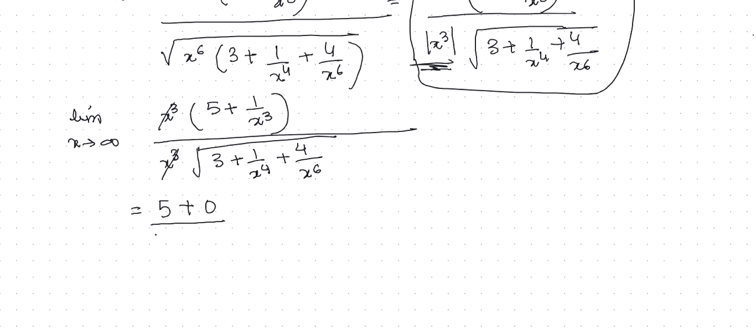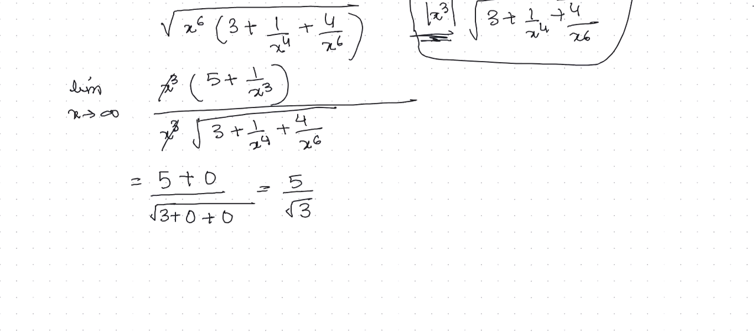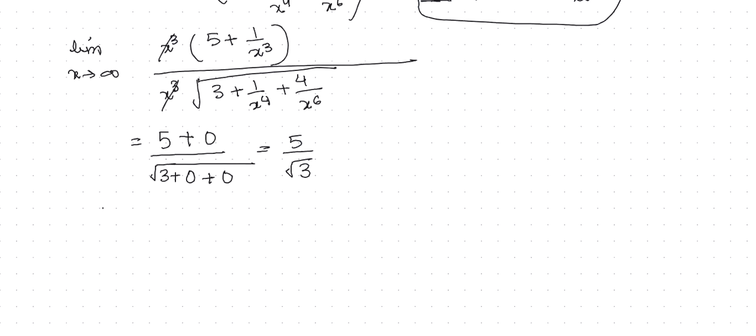This would give 3, and we know 1 over infinity is 0 and 4 over infinity is 0. So this gives 5 over the square root of 3.